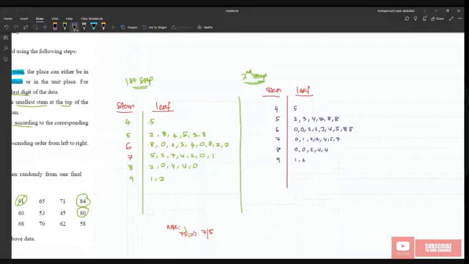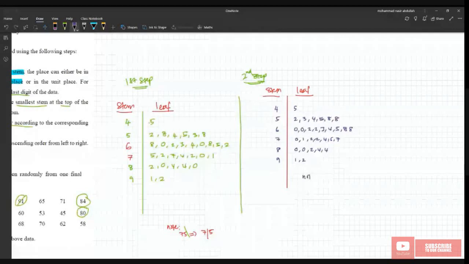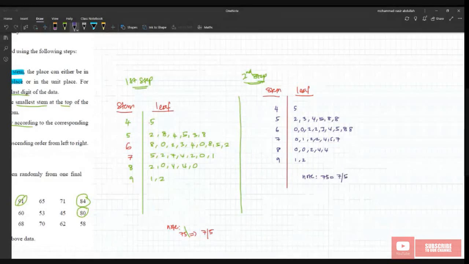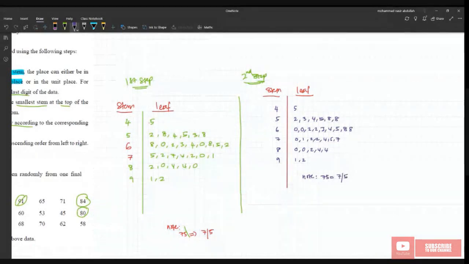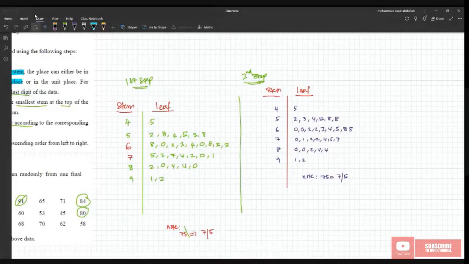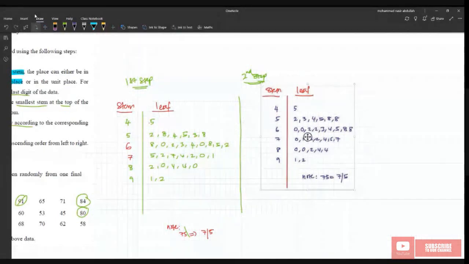And we need to put a note: 75 is equal to 7|5. So this is the stem and leaf display, right? So the objective again, we want to see the relation, the shape of distribution for stem and leaf, right?